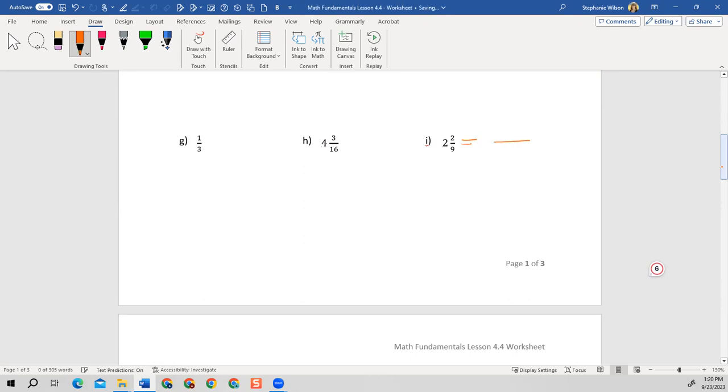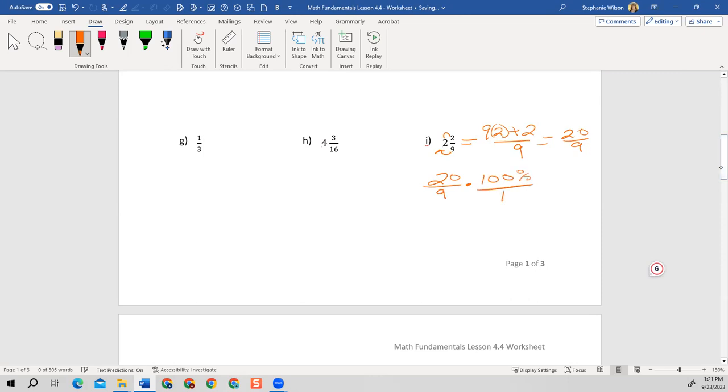And whenever we do this, the denominator doesn't change. So bring it over. Now I say 9 times 2, so it's denominator times whole number plus the numerator. 9 times 2 is 18 plus 2 is 20. So I got 20 over 9. What I could do is multiply this by 100%.